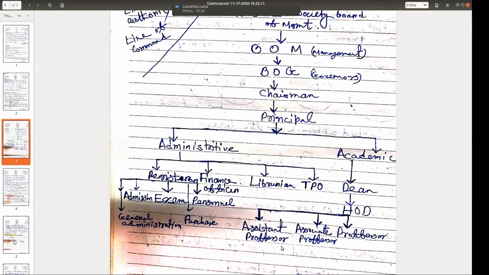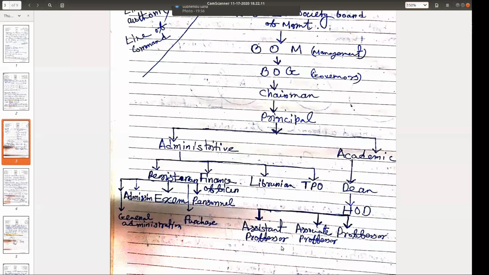But in the same way, any member from the academic section can coordinate with any member of the administrative section as well. And this type of coordination, we can say, is horizontal coordination. So when an HOD tries to coordinate with the TPO, it will be horizontal coordination.